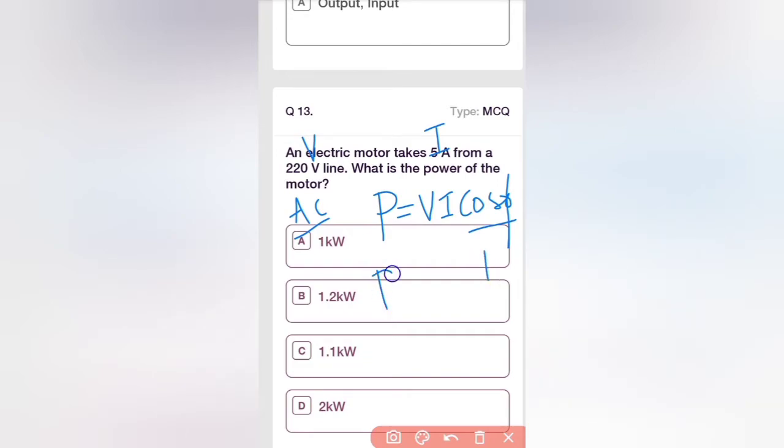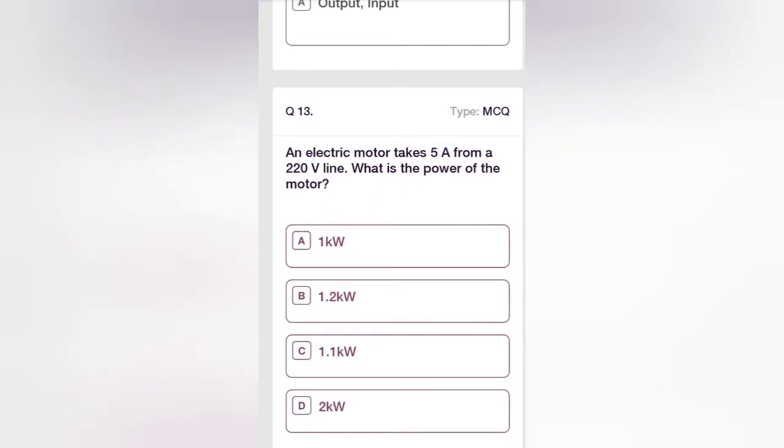So if cos phi is equal to 1, we can write V into I. What is V? 220. 220 into 5 will give you 1100. When we express it in kilowatt, it can be written as 1.1 kilowatt. Option C is the correct answer.